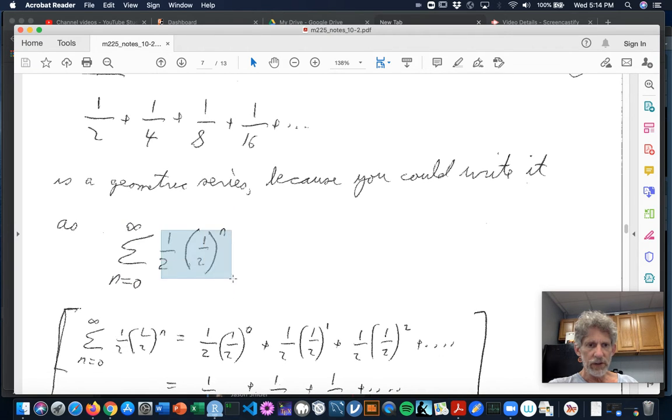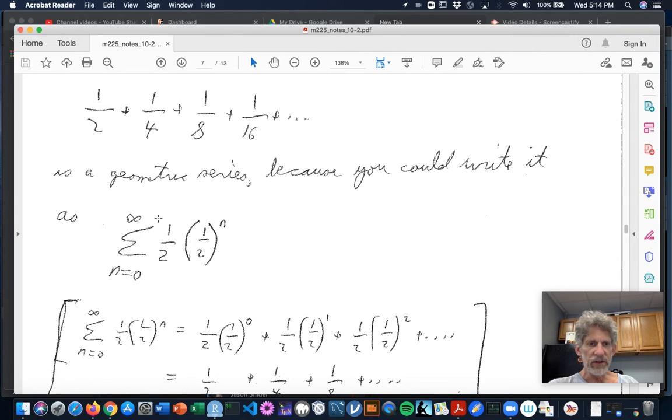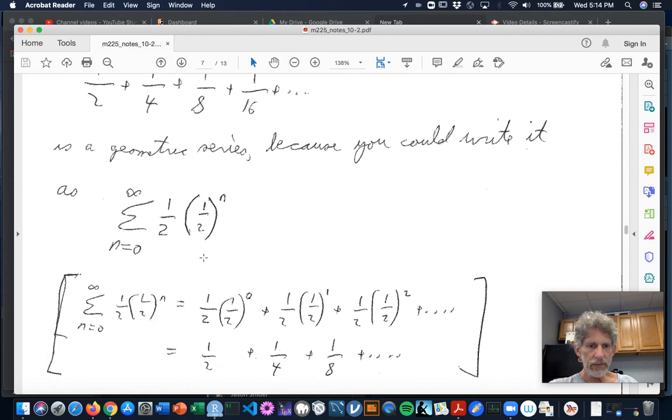You see the term here, when you let n be 0, is 1/2 times 1/2 to the 0, which gives you your 1/2. If you let n be 1 in that term, then you'll get 1/2 times 1/2 to the 1, which is 1/2 times 1/2, which is 1/4, and so on. So the c here is 1/2, and the r here is also 1/2. Okay.